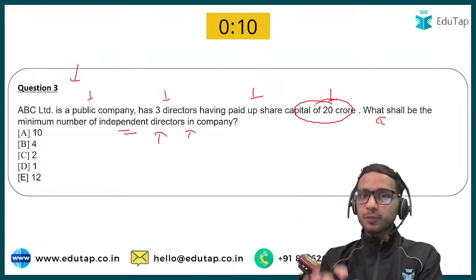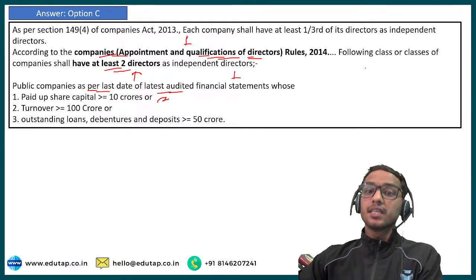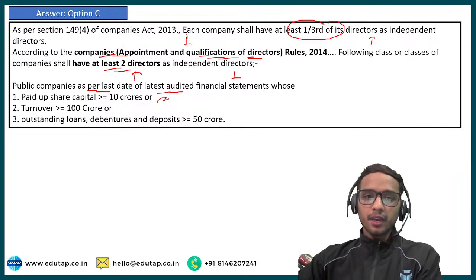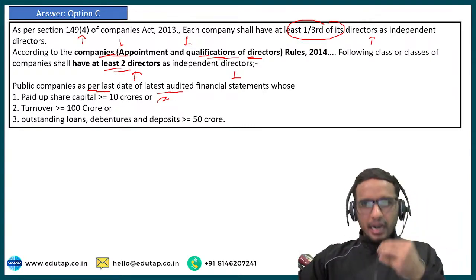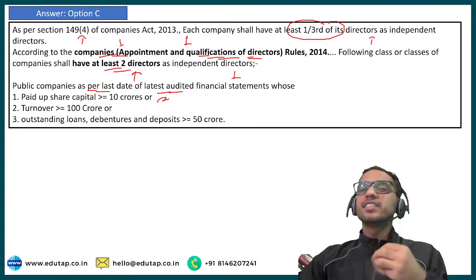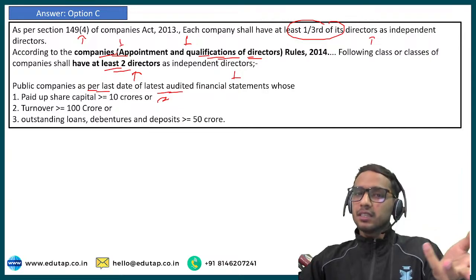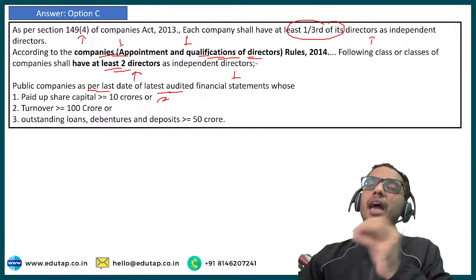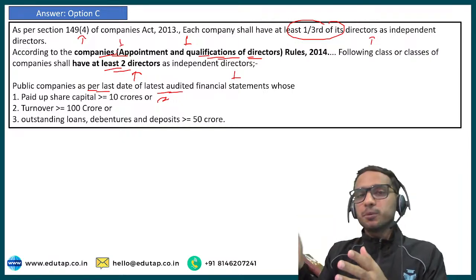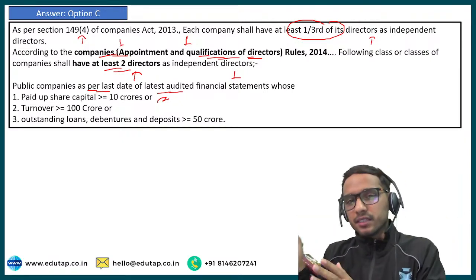So as per the Companies Act 2013, yes, at least 1/3 of directors should be independent directors, as per section number 149. Now you have some other rule as well, and rules are basically a more detailed form of the act. It can't supersede the act obviously, but in the Companies Act it is written that if some other rule has been prescribed by the government, that will be applicable.